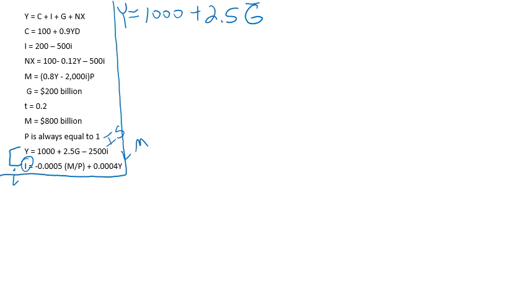But we don't want that, right? What we're after is the full fiscal policy multiplier, the one that considers both the goods and services market and the money market. To continue, negative 2,500 i.